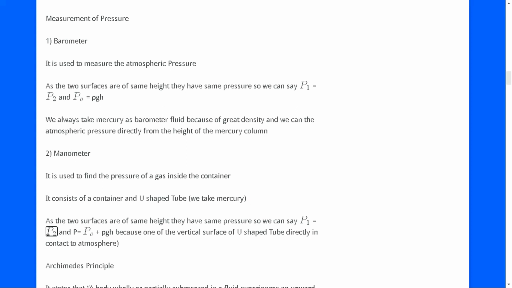Here P2 is the atmospheric pressure plus the height term. We want to find out the pressure, and we will see that P1 is equal to P2. So P of this gas present in the container is equal to atmospheric pressure plus rho GH. We get the formula as P0 plus rho GH because one of the vertical surfaces of the U-shaped tube is directly in contact with the atmosphere.